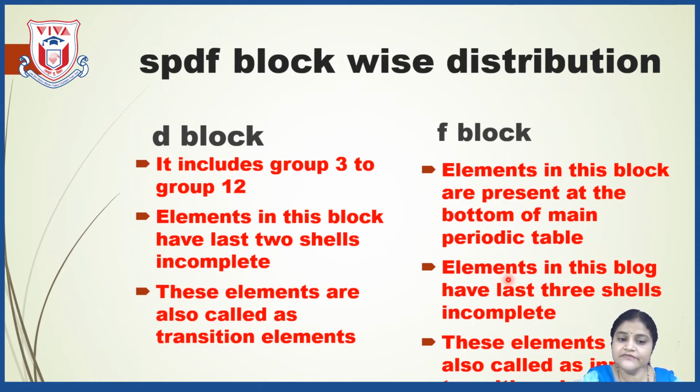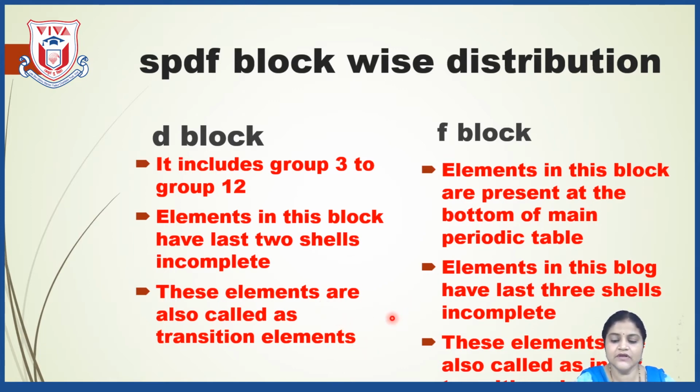Because of this incomplete number of shells, they are named by different names. D block elements are also called transition elements, and F block elements are also called inner transition elements. So this is one more name along with the lanthanides and actinides. They are named because of the incomplete number of shells.